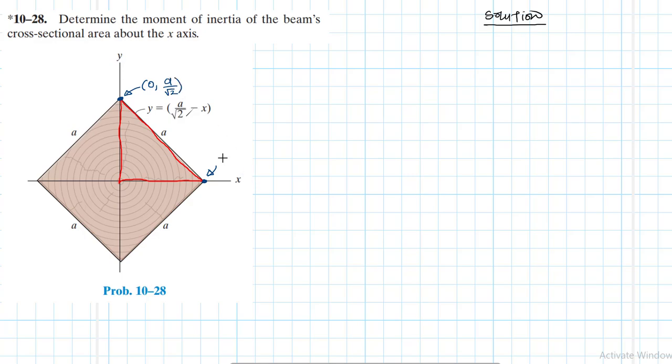What about when my y is 0? If I plug in y there in the equation, what is the value of x? X will be equal to the square root of 2 times a. Do you agree? Great.